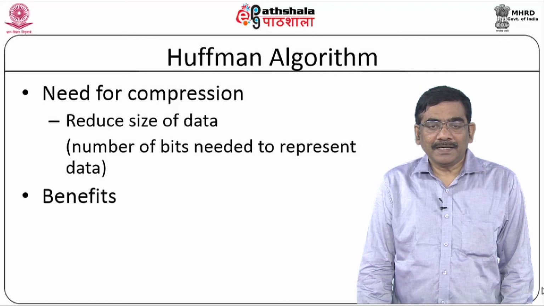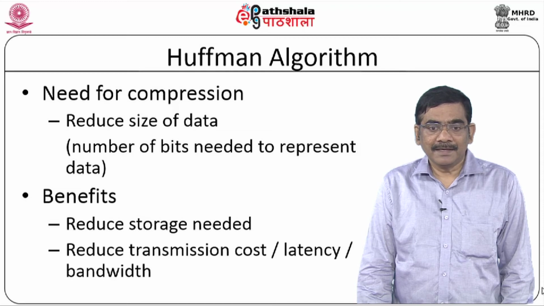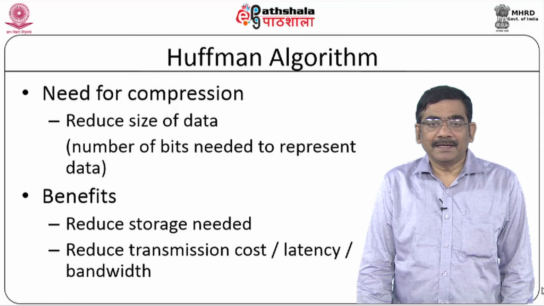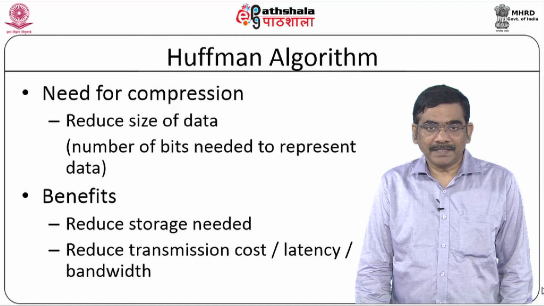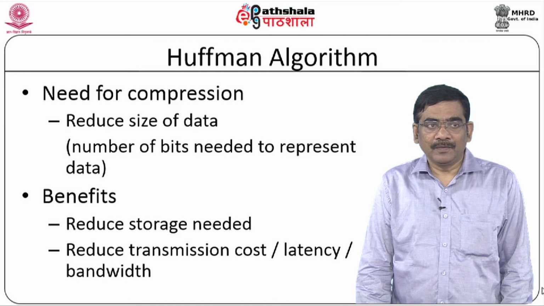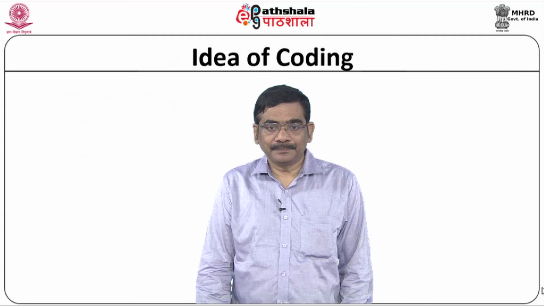The advantage of data compression is that we can reduce the storage space necessary for storing files, as well as reduce the transmission cost, latency and bandwidth. Because of this, compression is very important, and Huffman code is considered one of the most important algorithms in data compression.